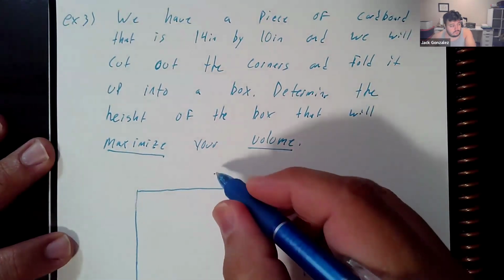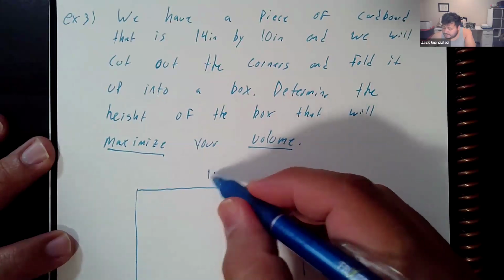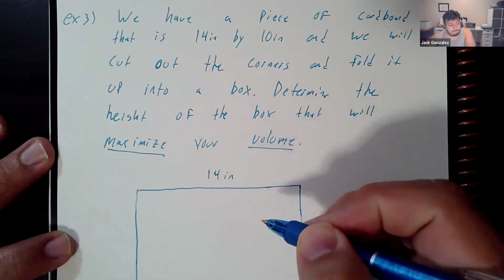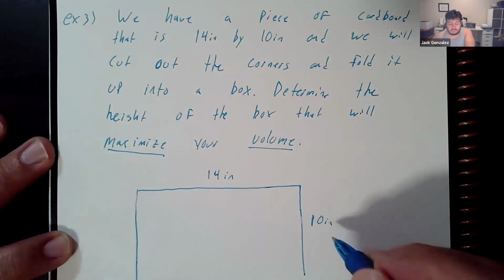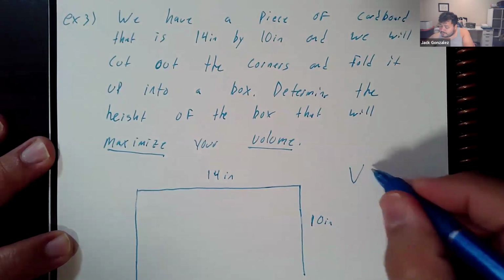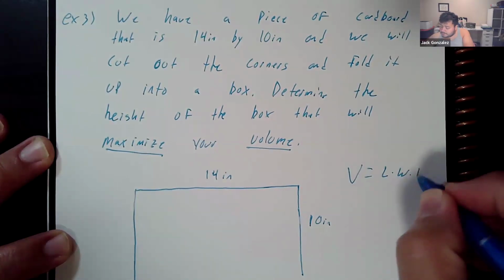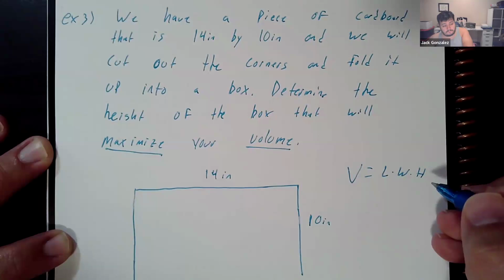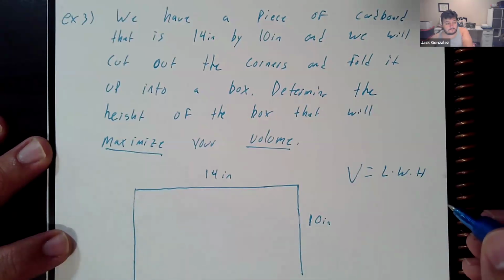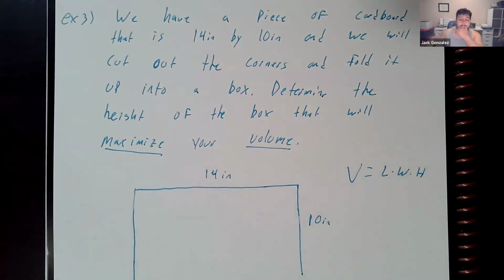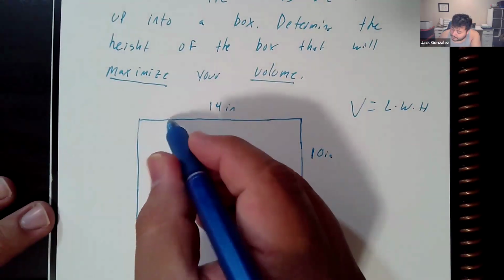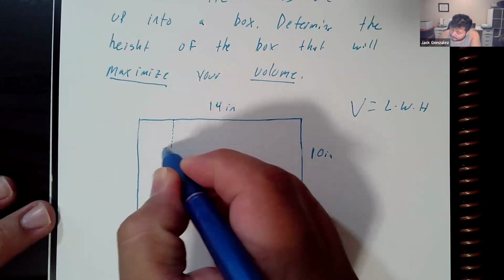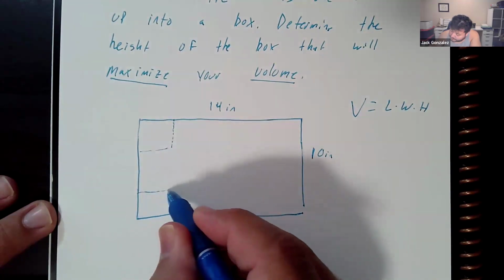So we'll say that this entire side is 14 inches. This side is 10 inches. We also know that volume is equal to length times width times height. Okay. Now I want you to picture we're cutting out corners, right? So we got to fold it up.